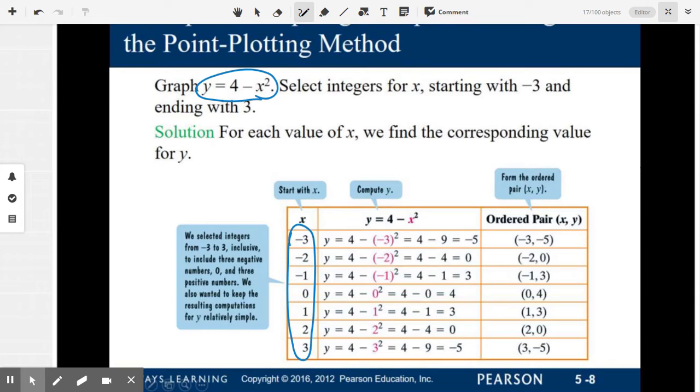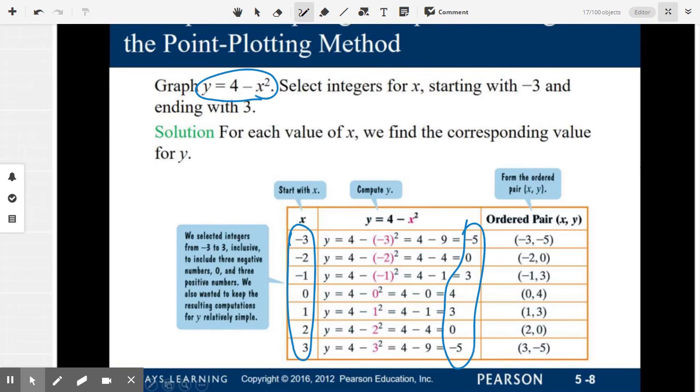When they plugged all these numbers in, here are the outputs or results they got for the Y associated with that X. So there are 7 ordered pairs. Obviously I could keep going forever, but 7 points should give us an idea of what this graph looks like. But here are the ordered pairs.